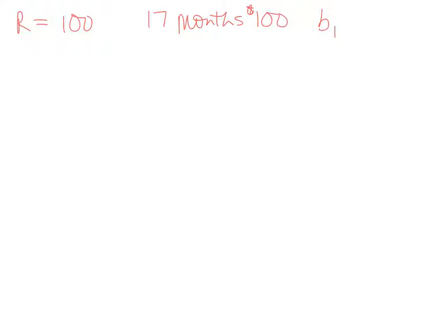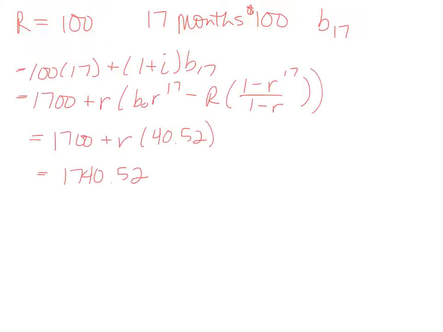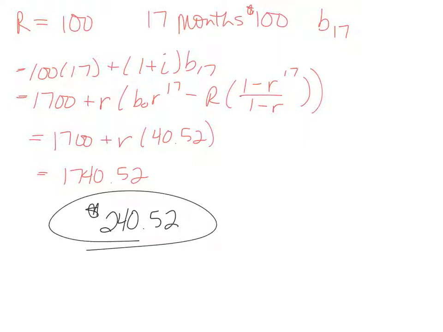So the last payment was B17, okay? So here, there was a total amount paid back to the bank. So our interest that we paid was $240. Not quite as bad, more than half. But still, it's just money that you could have, I don't know, bought a lot of coffee with or something.